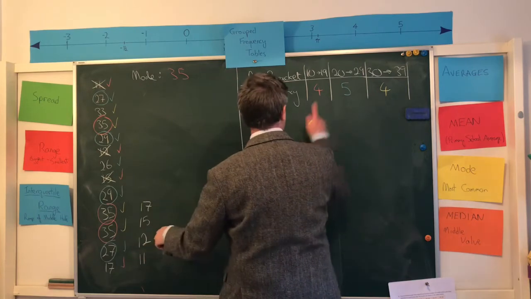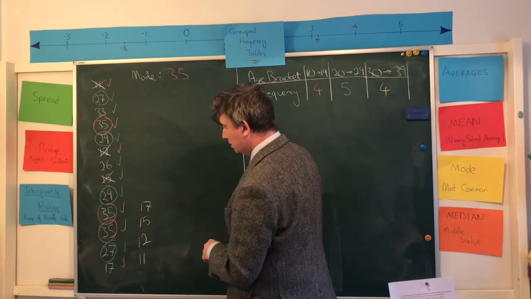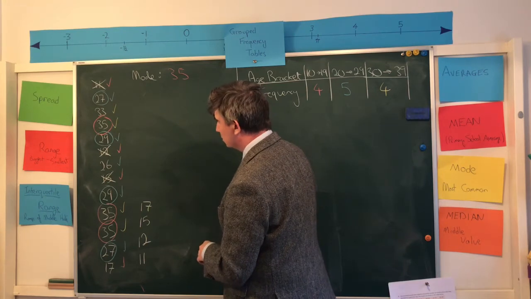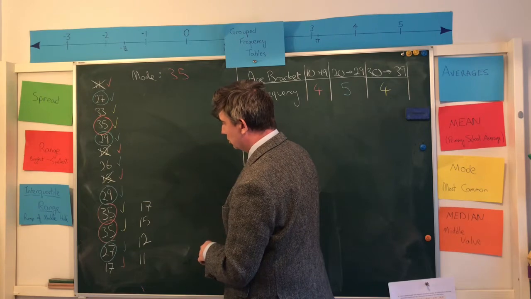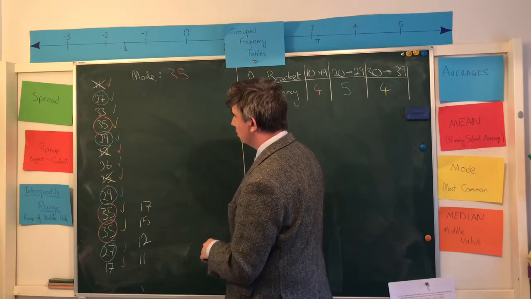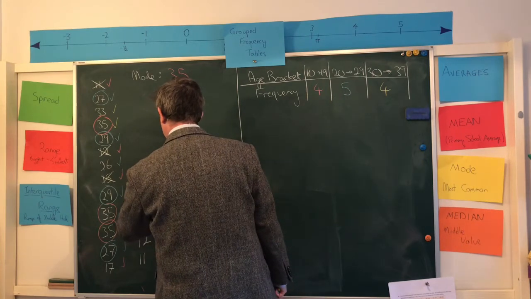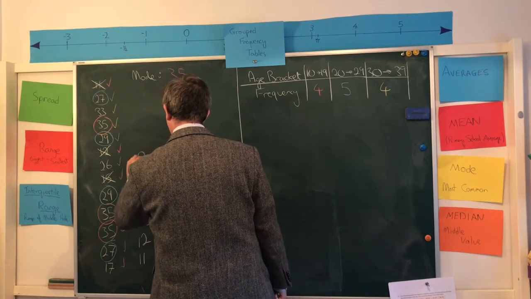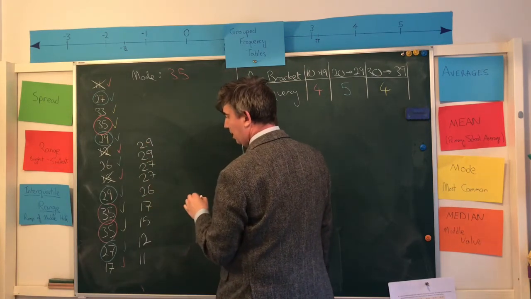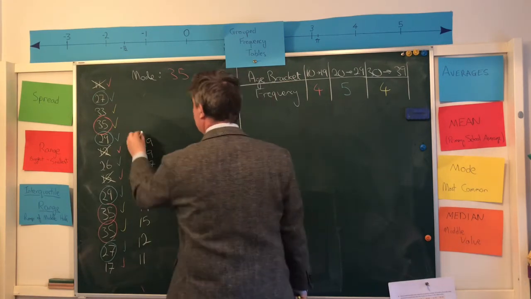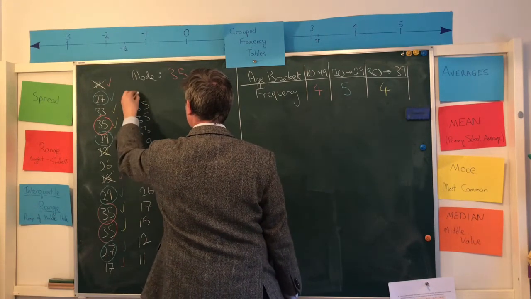I have my 14s. I'm looking for 5 in their 20s. So is there a 20? No, is there a 21? 22? 23, 24, 25, 26, so there's 26, 27, 27, 29, 29, and then there's going to be 33, 35, 35, 35.